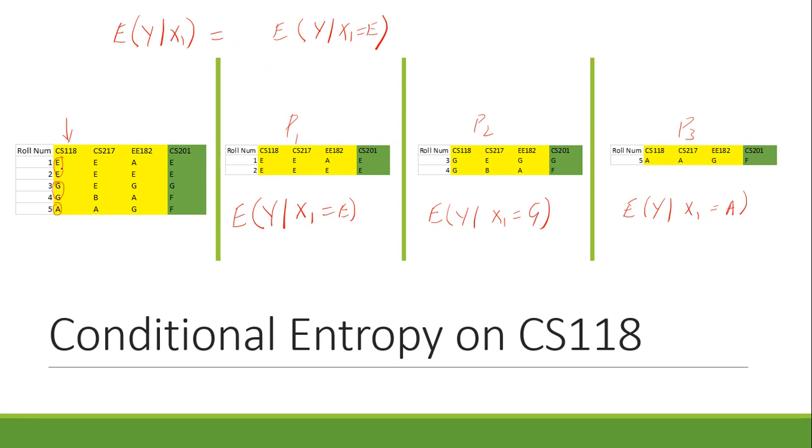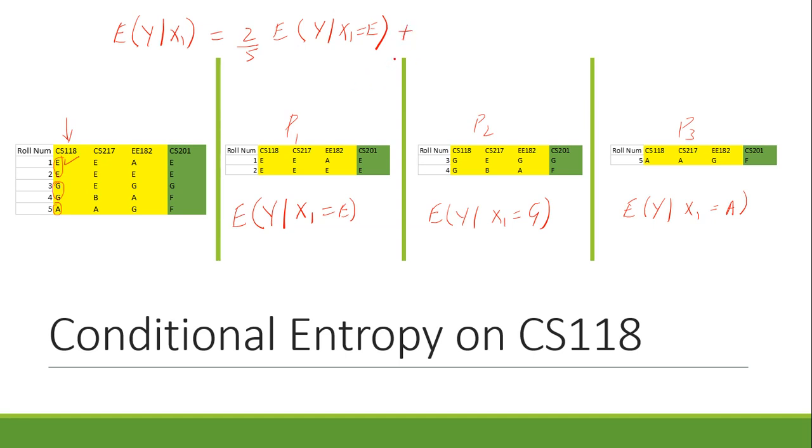Here you can see we have two E's out of 5, so the probability of having an E in the column is 2 out of 5. And then I multiply it with the entropy of having an excellent.